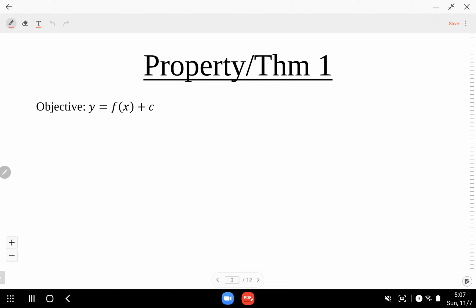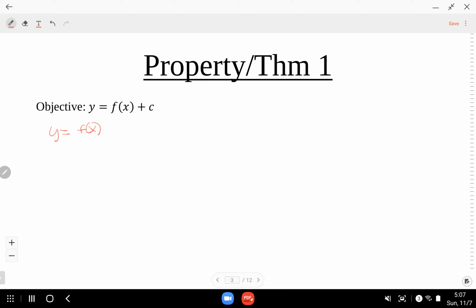So our objective for property 1 is to find what y equals f of x plus c is. Since f of x equals y, basically what we're doing here is y plus c.